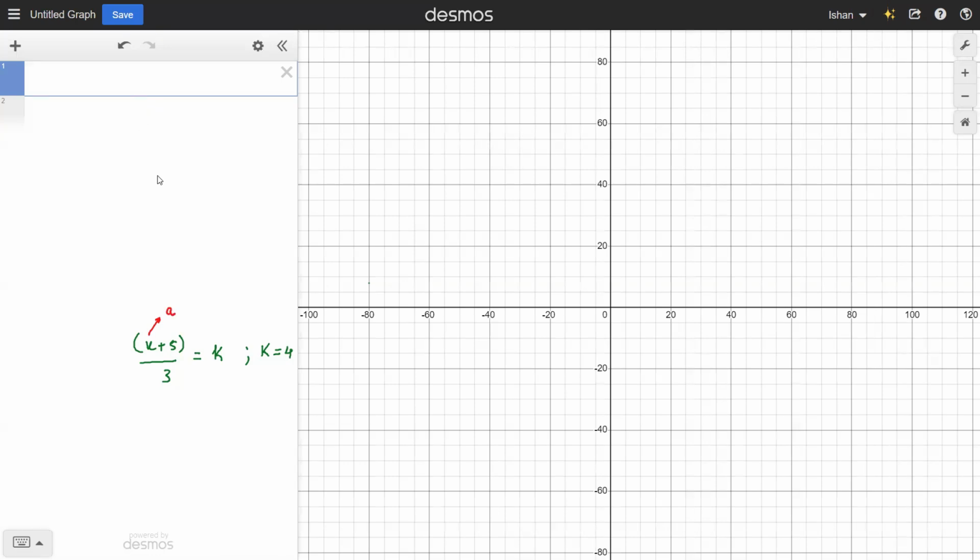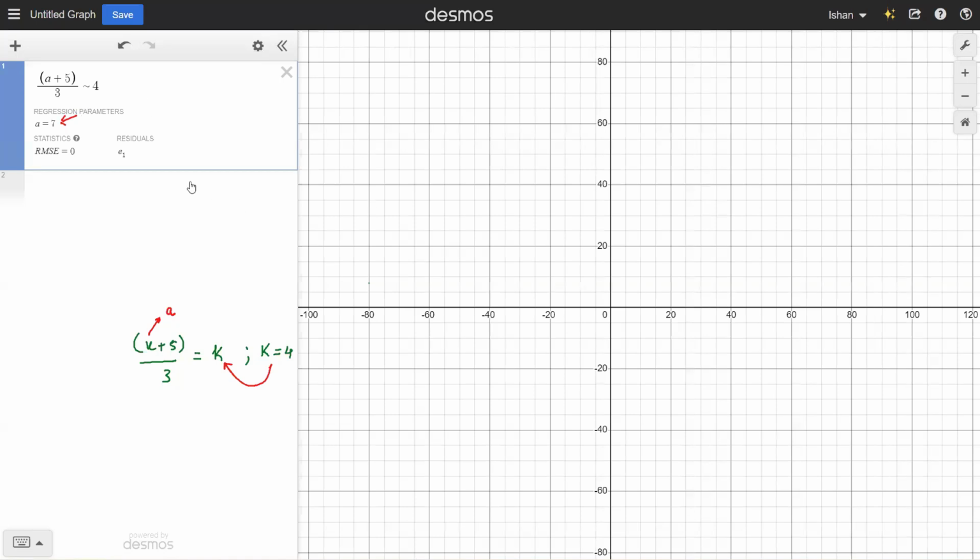I'm using regression. It says (a plus 5) divided by 3, a sign of regression. And I directly need to use the value k equals 4. So I'm putting this value k directly into the equation over here with a sign of regression, 4. It will give me the value of a as 7. It is faster and very quick.